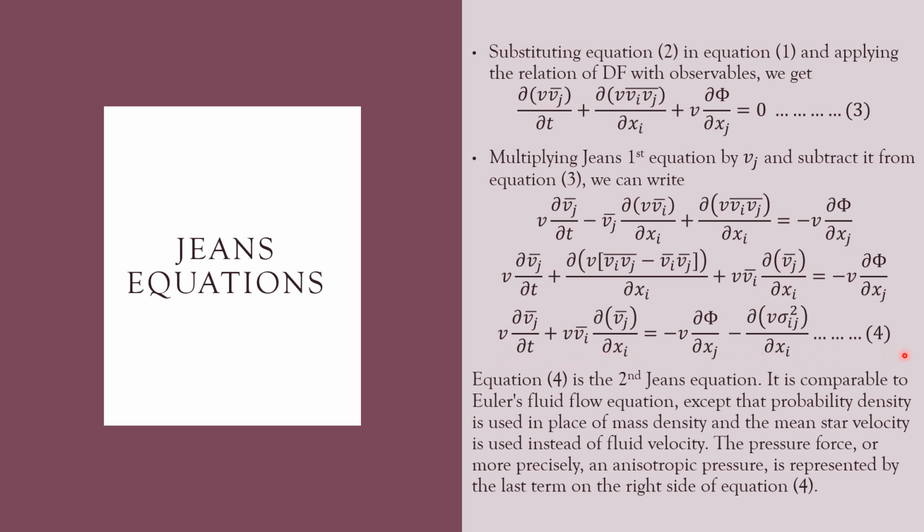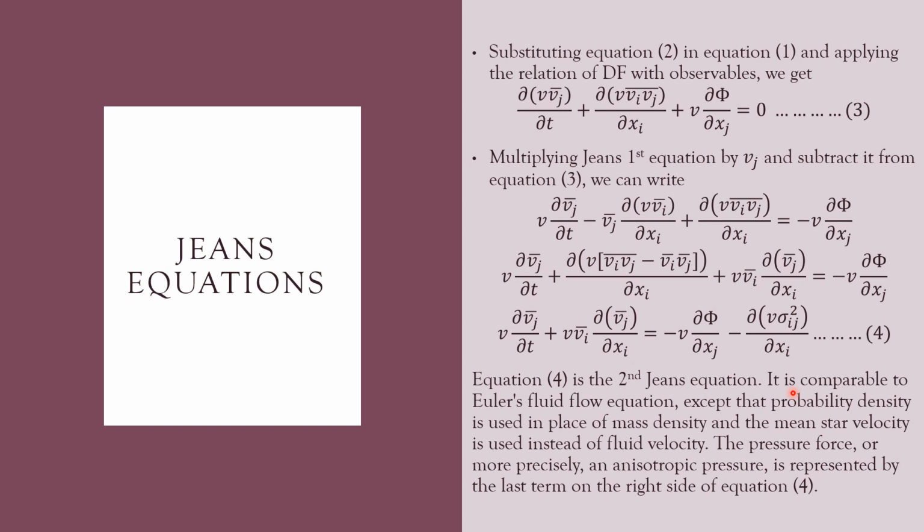This equation, known as the second Jeans equation, bears similarities to Euler's fluid flow equation. However, there are notable distinctions. Instead of mass density, it uses probability density, reflecting the unique nature of collisionless systems.